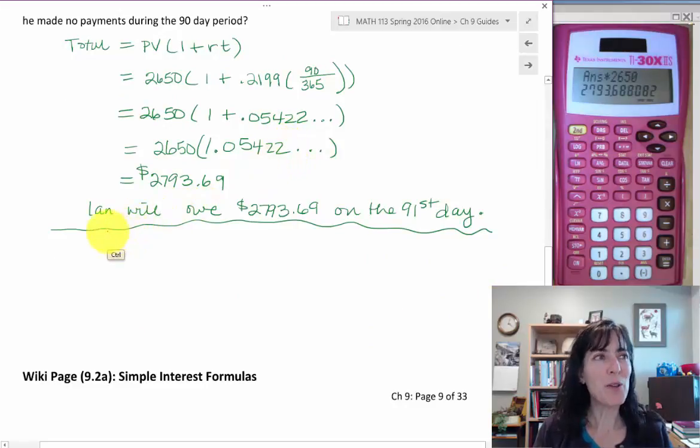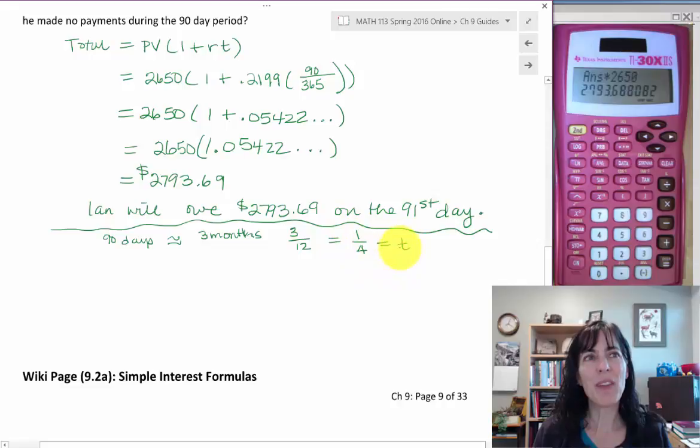It just depends how you calculate it. So if you want to do 90 days is about 3 months, and so then we're looking at 3 out of 12, which reduces to 1/4 for our time. So our t is going to be 1/4.